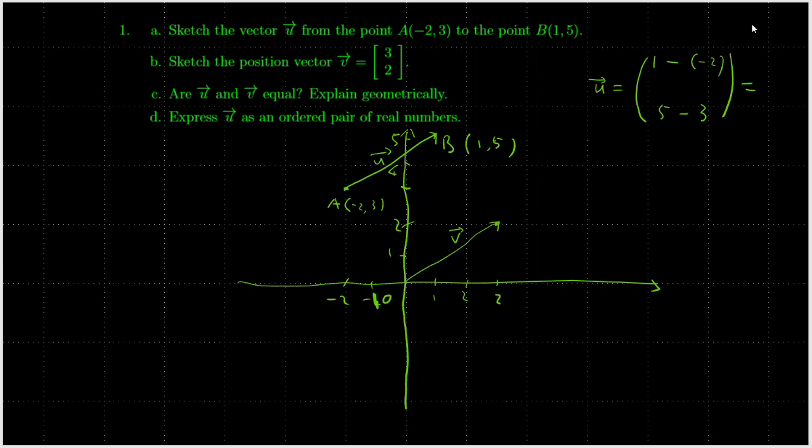Sorry, I forgot to label the terminal point here. I think the terminal point here is (3, 2). The first component is 1 minus -2, you have 3, right? 5 minus 3, you have 2.